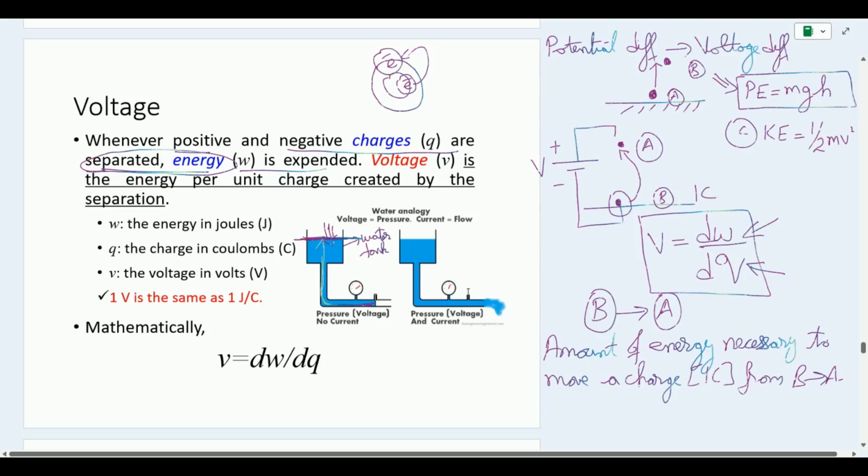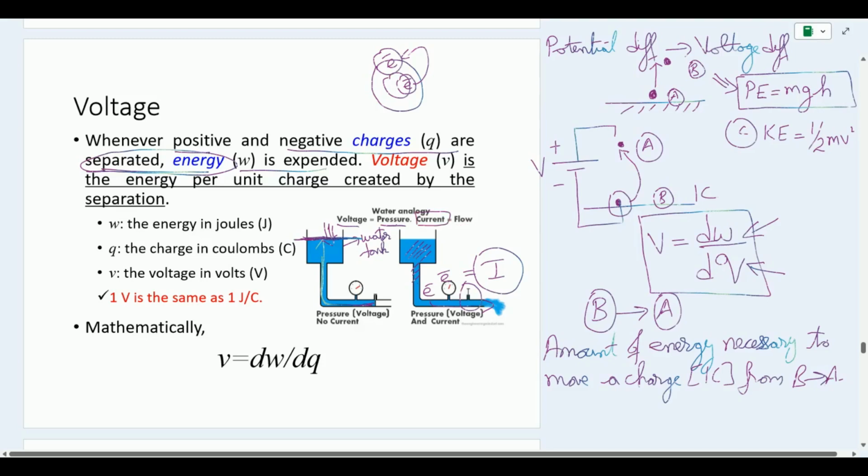Now this is what we say, the voltage has been built, or the pressure has been built. In order for this pressure to flow, we can open this nozzle where all the energy stored in the form of voltage, potential energy, will start to flow. And we know that whenever electrons start to flow, they generate current. So this is a very traditional water analogy which explains what voltage is, as it depends upon the pressure, and whenever the pressure or the electrons start to flow, they generate the output current.